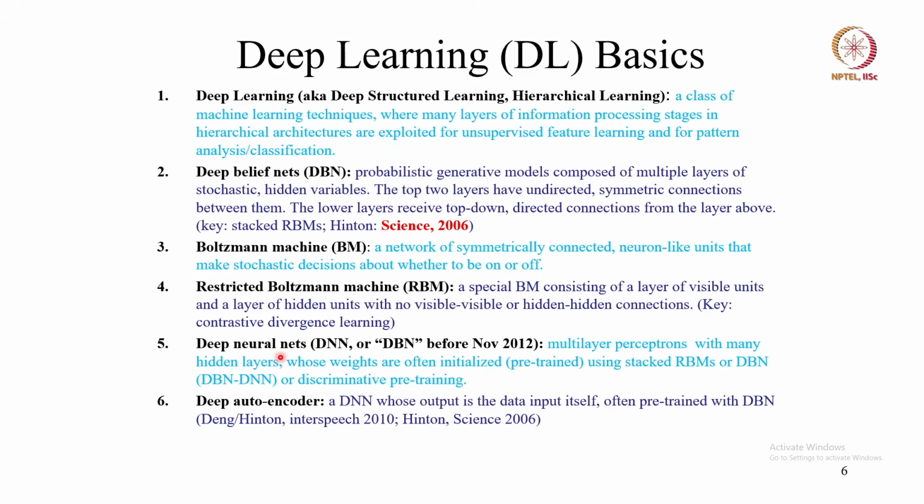And then we have the deep neural networks, which are like the multi-layer perceptron. The multi-layer perceptron we saw earlier had two hidden layers, but when you go to deep neural networks, you can have a number of hidden layers. That's why it is known as deep.